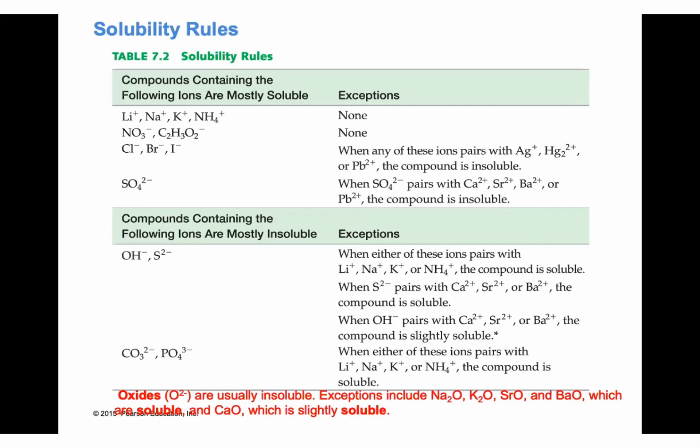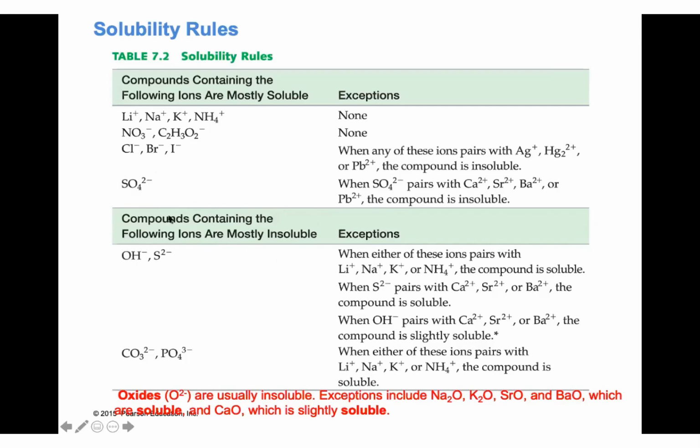So if you see Ca2+, Sr2+, Ba2+, or Pb2+ combined with sulfate, it is solid. If your compound is not one of these, it is soluble.